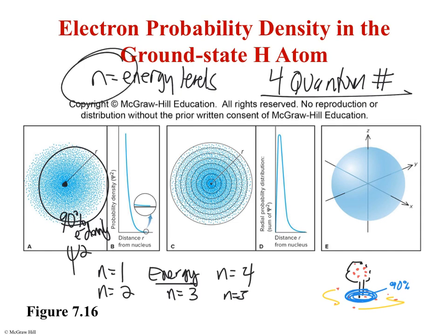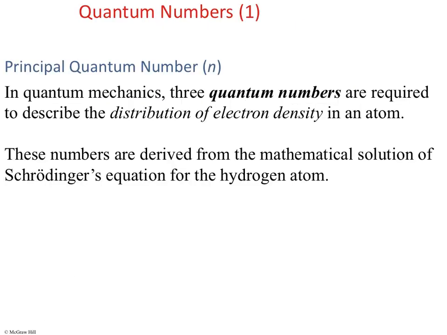So n is one of the quantum numbers, and it is the energy level of the probability where you're going to find the electron. In quantum mechanics, they say 3 quantum numbers, but this is just to describe the distribution of electron density in an atom.